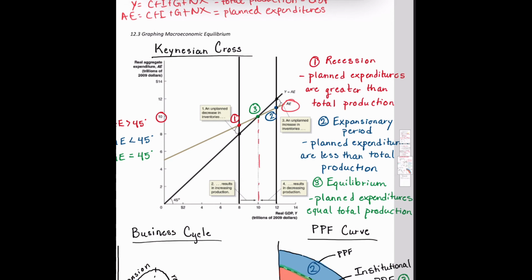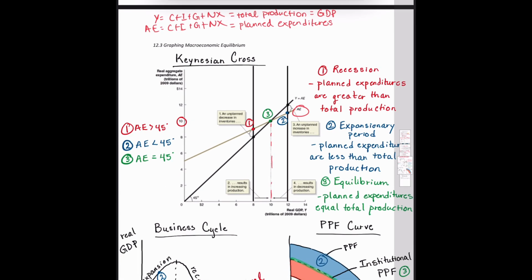So essentially, we're in a constant state of moving back and forth between 1 and 2, right? We're trying to find that sweet spot where planned expenditures equal total production. There aren't any unplanned changes in inventories, but we're constantly moving between points 1 and 2, trying to find that right amount of inventories so that we're not having any unplanned increases or decreases in inventories.